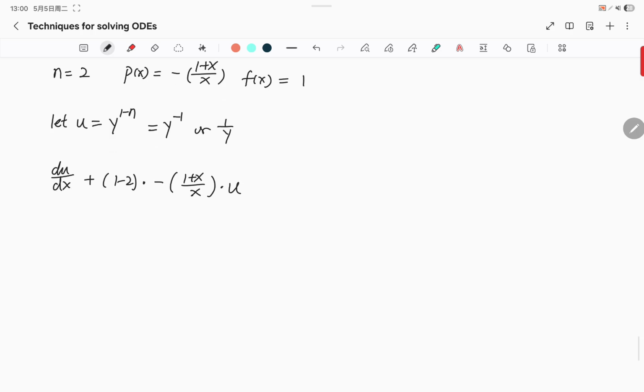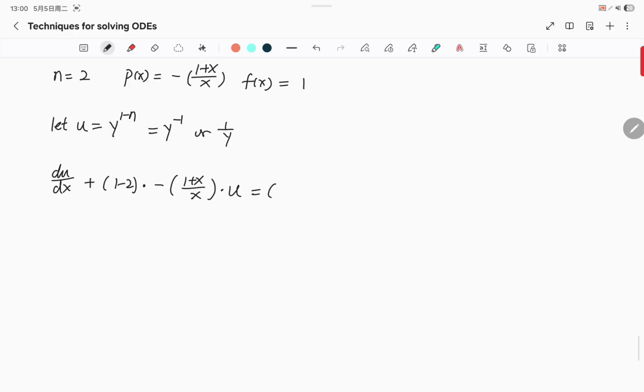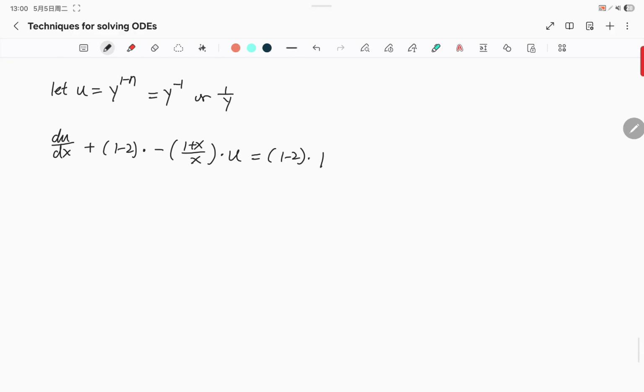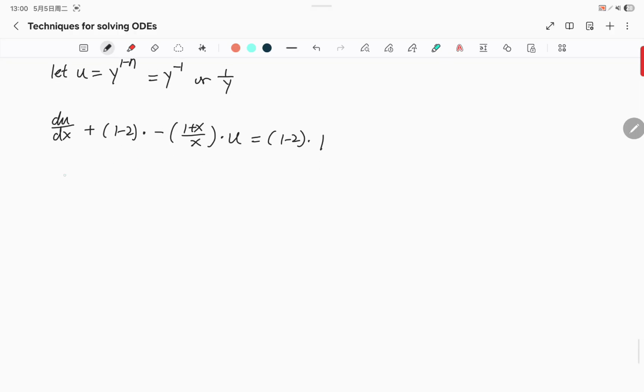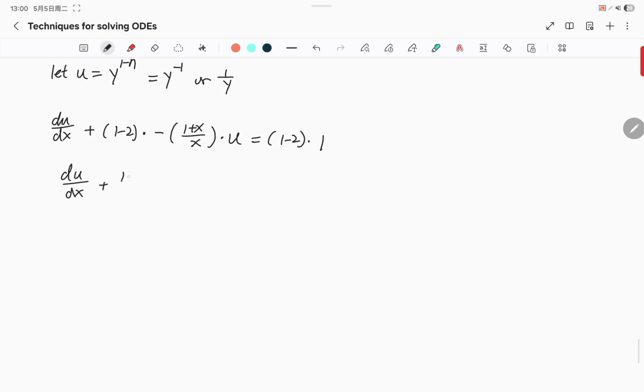This whole thing is equal to 1 minus n, so 1 minus 2, times f of x, which is 1. This is -1, negative, gone. This is just -1. So what we have after simplifying is du over dx plus 1 plus x over x times u is equal to -1.